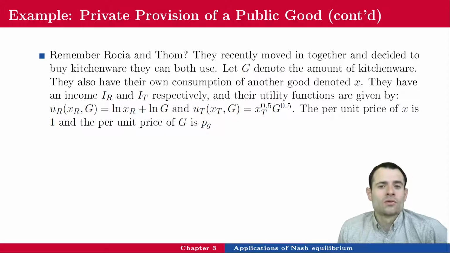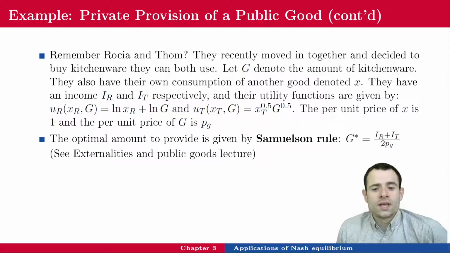We already went over the efficient amount of kitchenware to purchase, the efficient amount G star. Using Samuelson rule, we added both marginal rates of substitution.